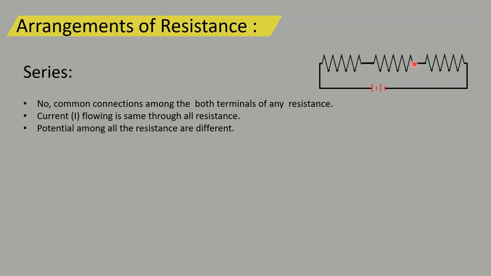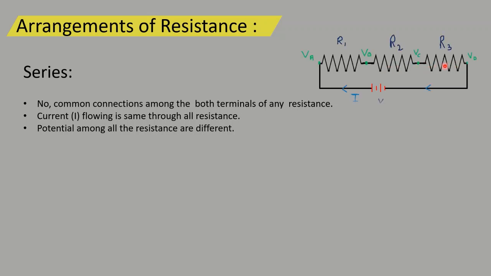But the second terminal of this resistance is connected with another resistance, not with the first one. This is what is meant by no two terminals being common for the same resistance. Now the current flowing through all the resistances will be the same, because the same value of current flows all along these resistances, and the potential across each of these resistors will be different.